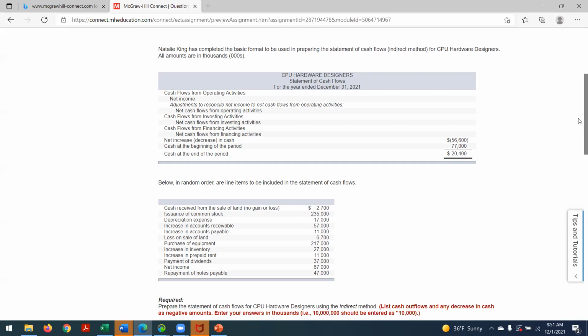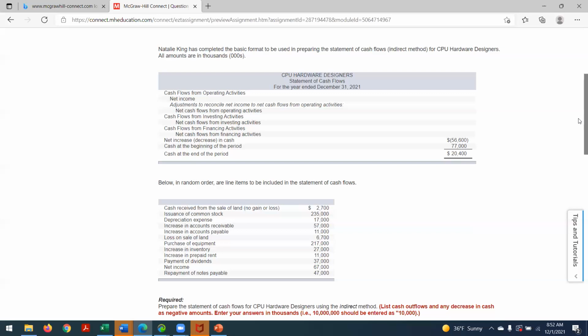Issuance of common stock, excuse me, so that won't affect our operating section, but it will affect our investing section. Issuance of common stock will affect our financing section. Depreciation expense, increase in accounts receivable and payables will affect our operating section.